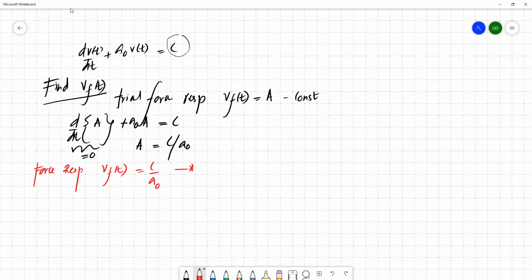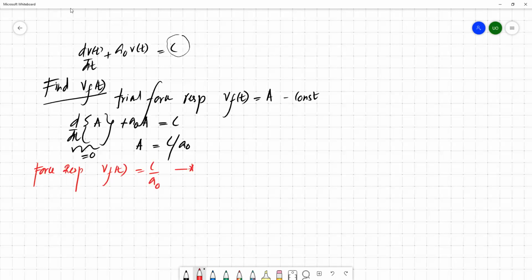Now we found the forced response, C divided by a naught. According to our justification, if your right hand side is a constant, definitely your forced response would be a constant.